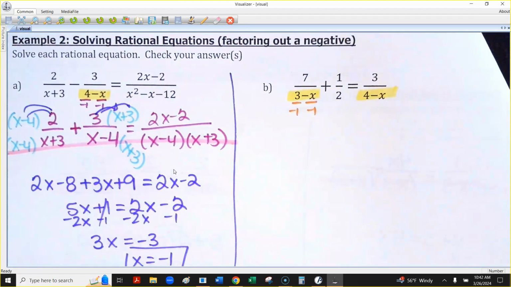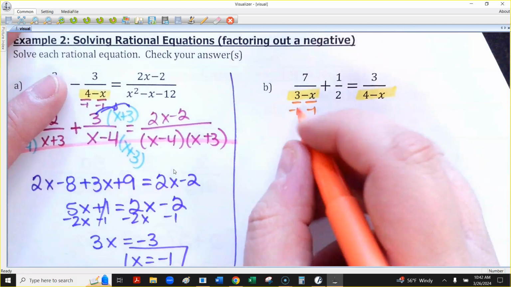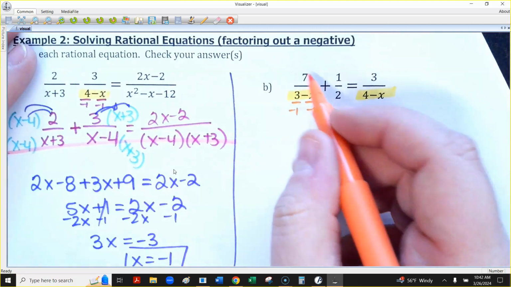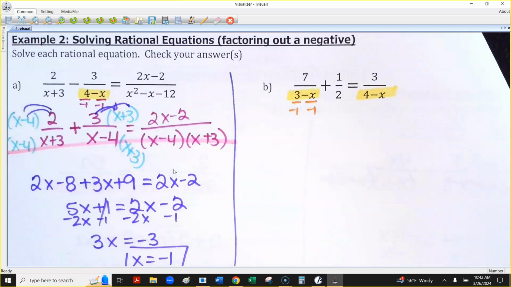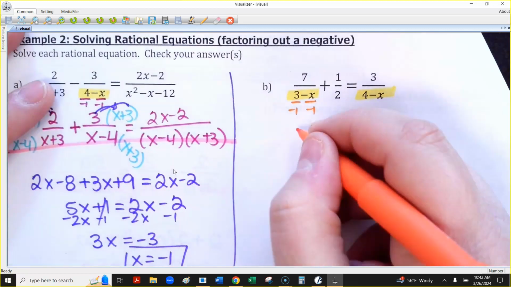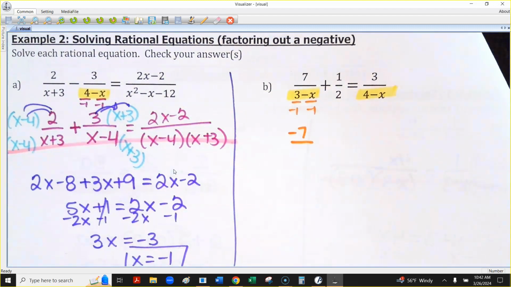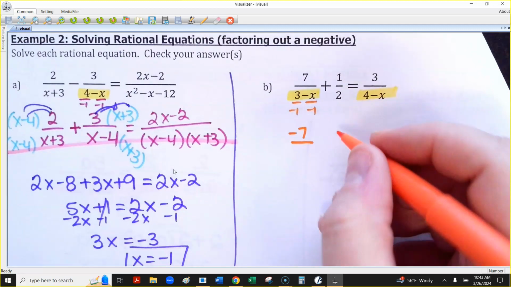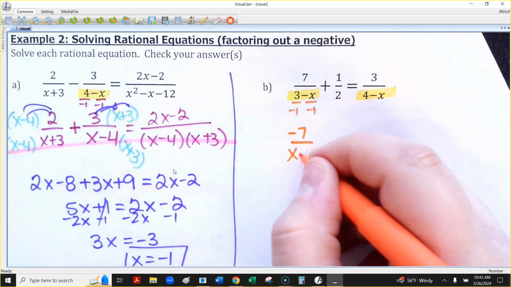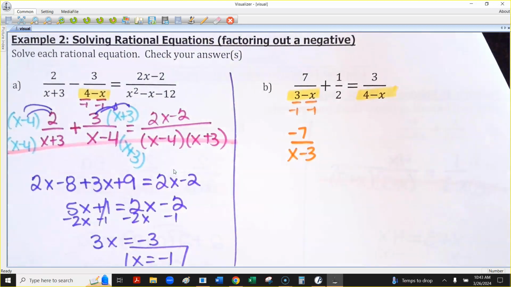If it's not in front of something else, I can't change the sign in between. What I'm going to do is make the top of that negative 7. I'm literally just going to change the sign of everything in that fraction by doing that. So I'm pulling that negative and putting it with the top. The bottom then, that x would become positive, that 3 would become negative. So it'd be x minus 3.